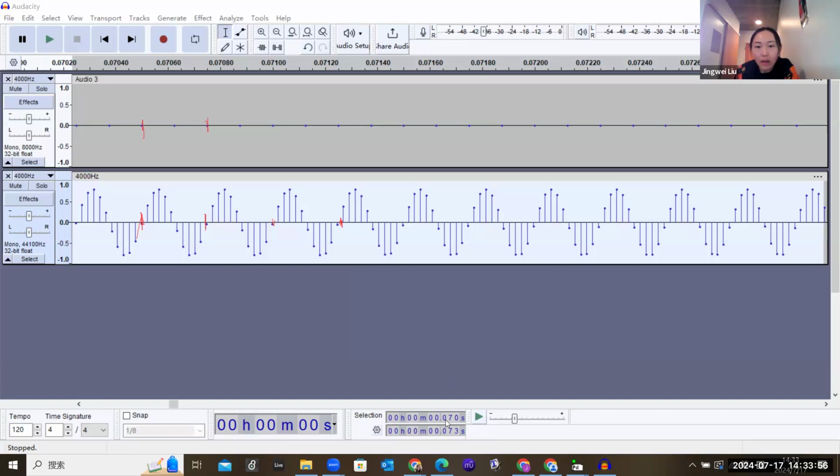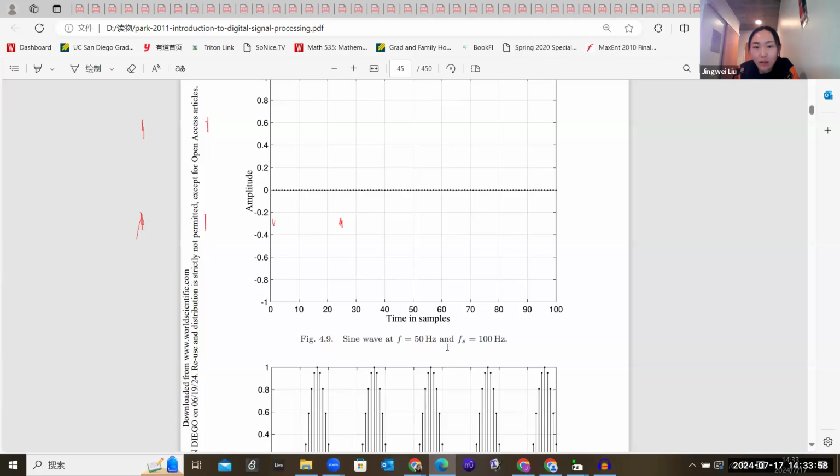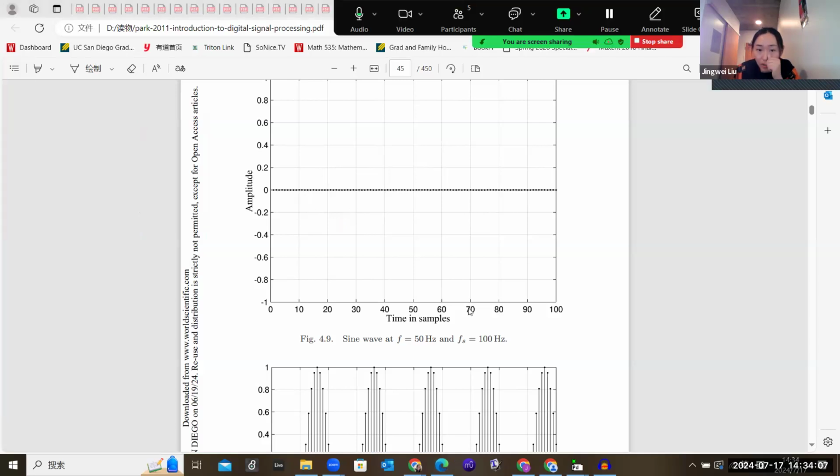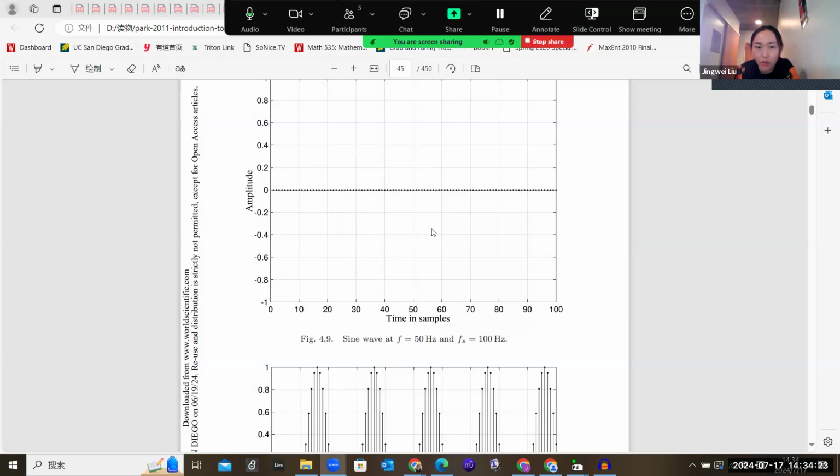So remember, what we just talked about is that we reached half of the sampling rate, right? But the question is, what if we pass this number? What if we have like 60 hertz or 80 hertz here? What will the system generate? What will the computer generate?